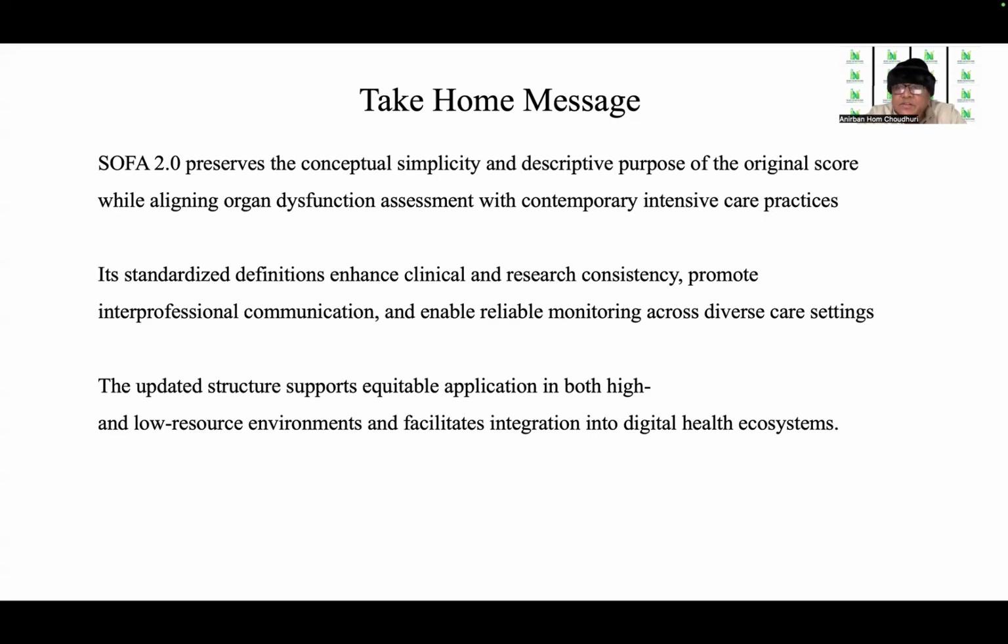So the chances of difference between individuals while recording the score have been grossly minimized. And the updated structure supports equitable application in both high and low resource environments, and that facilitates integration into the digital health ecosystems to give it a much bigger global acceptance.